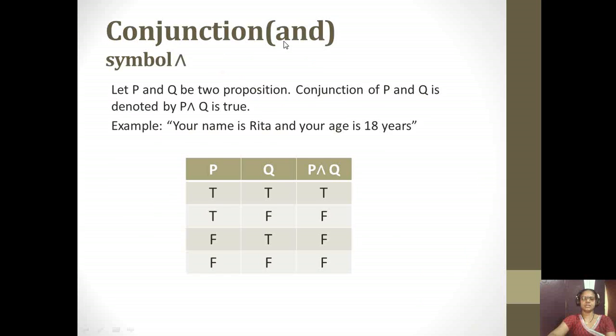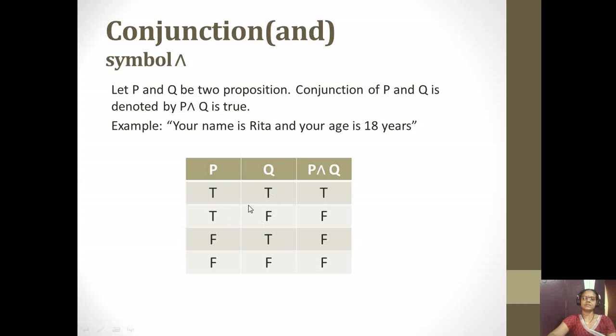This conjunction and, this is the symbol for and. Conjunction means if both the statements are true, the result is true. If either of the statement is false, the result is false. दोनों में से कोई भी एक false होगा, the result is false. So if both the statements are true, then only the result is true.